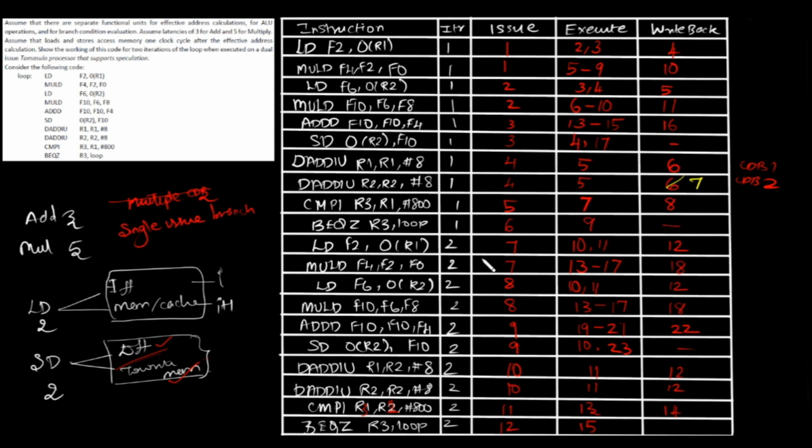Now if you see here, this 12 has to be stalled for a cycle. If this is stalled for a cycle, F6 could have received its value only at the 14th clock cycle, and it would have completed only at the 18th clock cycle.